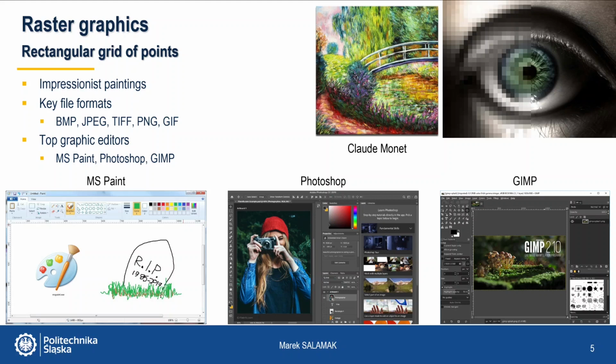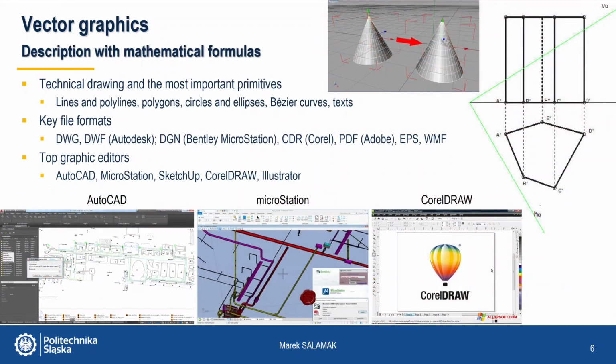However, this is rather the domain of architects. Actually, we'll only discuss vector graphics now. Its description is based solely on mathematical formulas and vector coordinates. It is mainly used to create technical drawings.